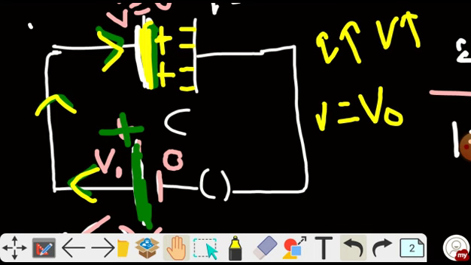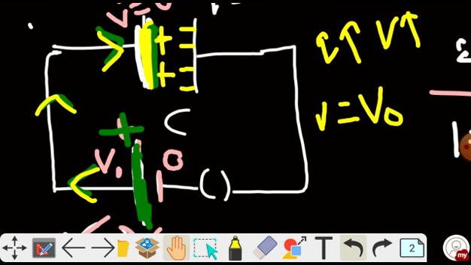Initially when we connect, the battery will send the charge towards the plate of the capacitor, and with time the charge will grow. A time will come when the potential difference across the capacitor becomes equal to the EMF of the battery.